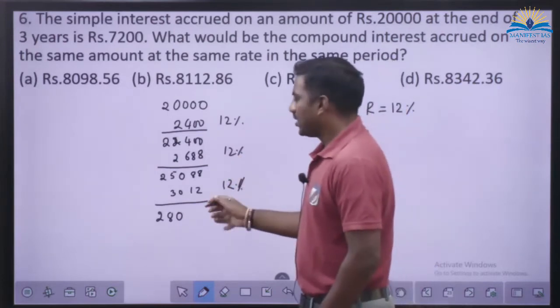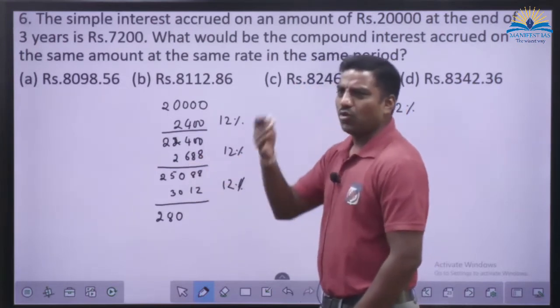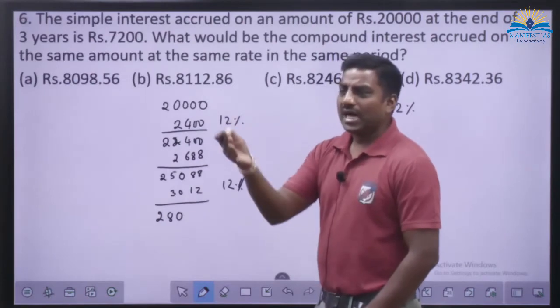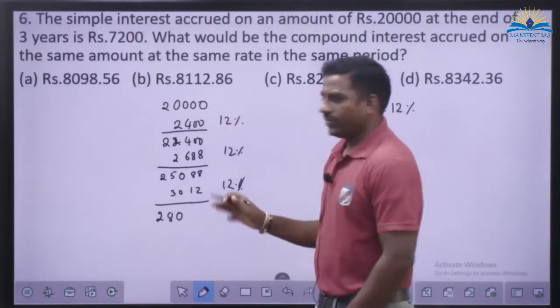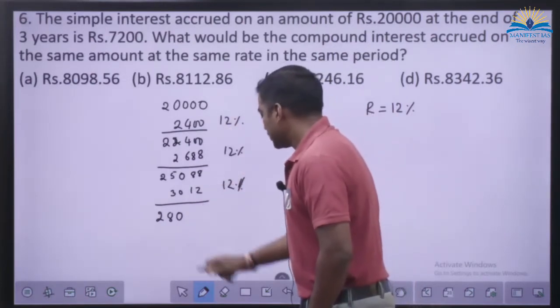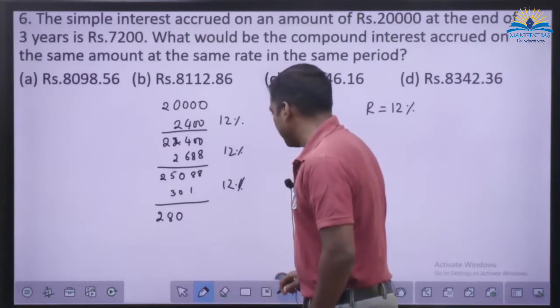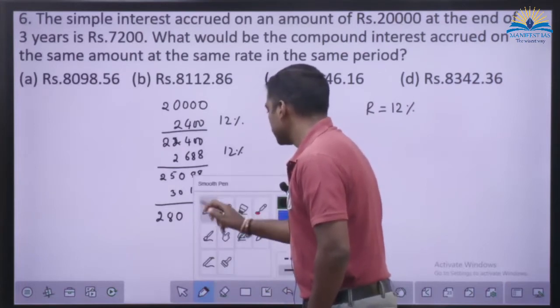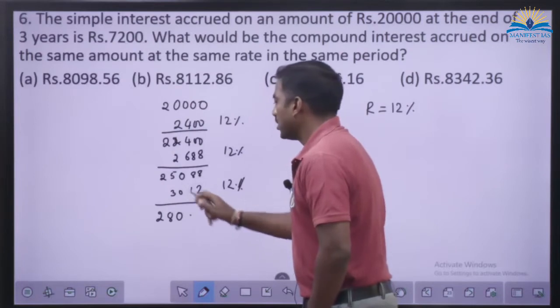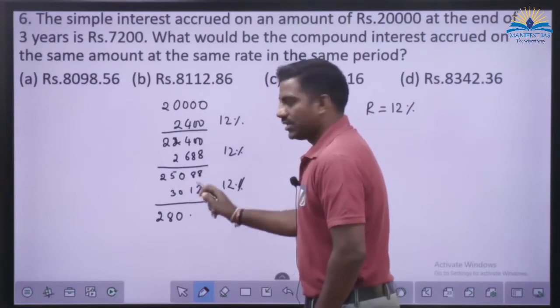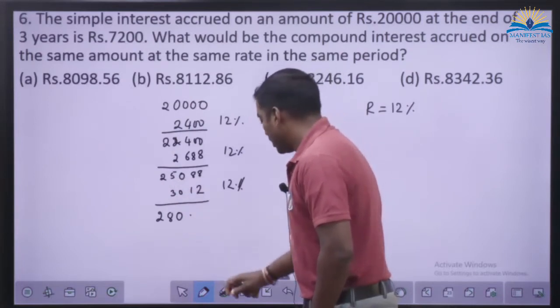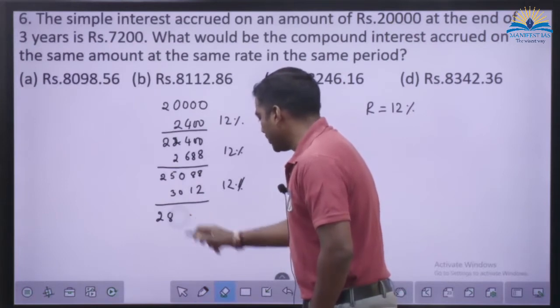But roughly, not to go for those minute details. 12% of 100 rupees is 12 rupees. So somewhere your answer has to be here: 28,000, here 100. So somewhere 28,100 should be your answer.